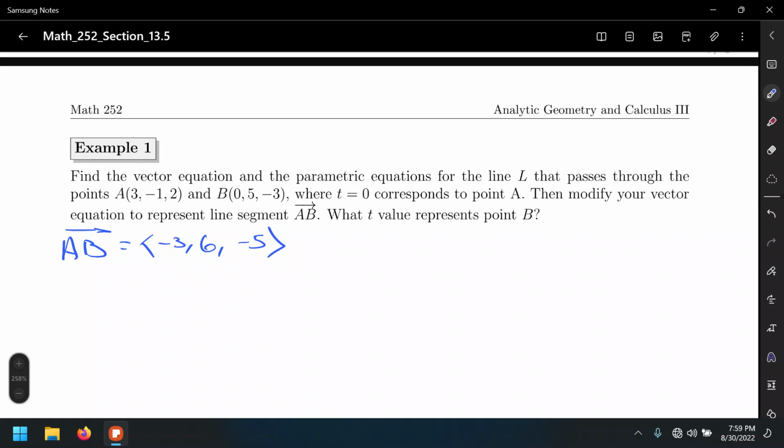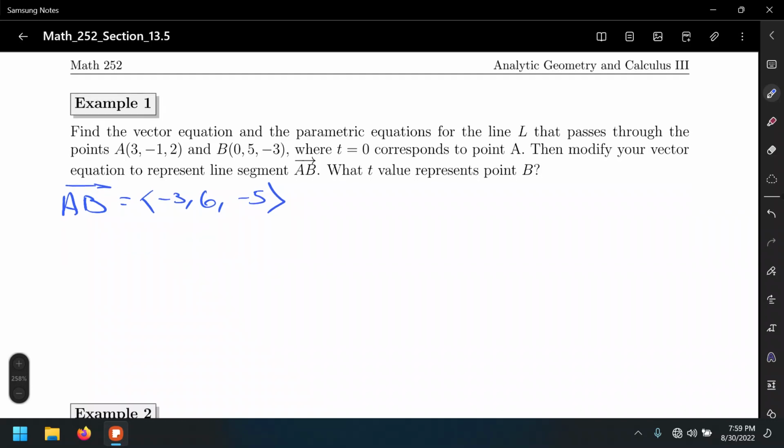So in this case, let's write down the equation. x of t, y of t, z of t. First in symbols, x initial, y initial, z initial, plus a, b, and c, and t.